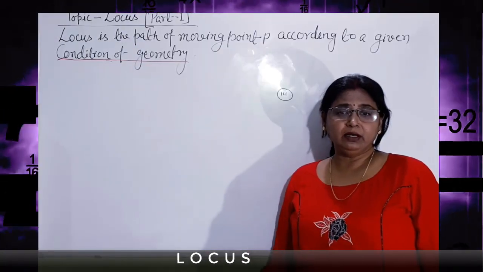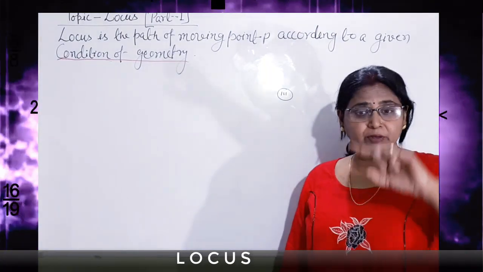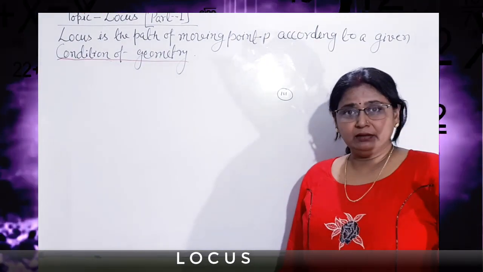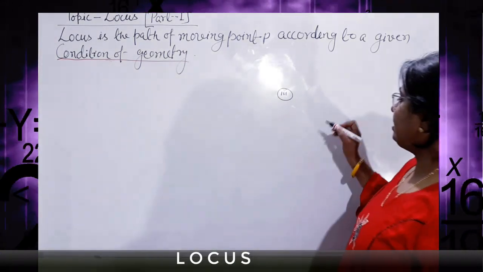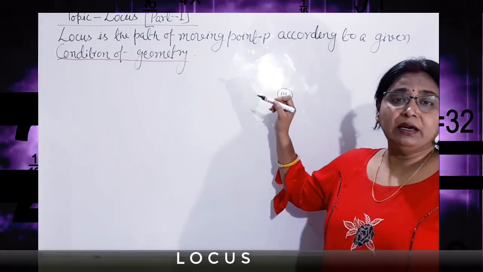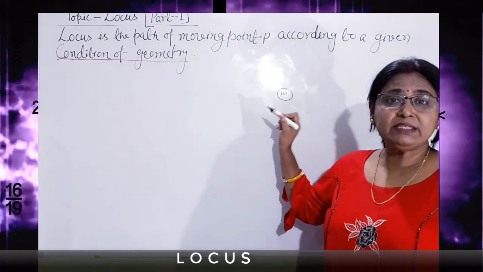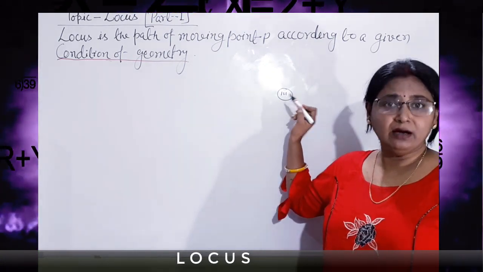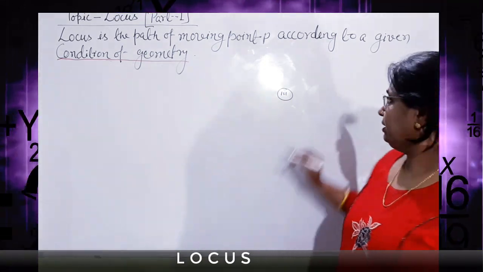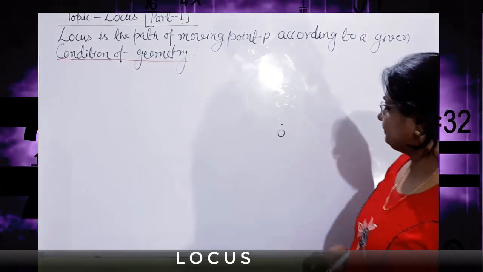The third example I am explaining is of a circle. The locus of a point P moving in a plane such that each and every point of P is equidistant from a fixed point O, with center O and radius R. That is the complete definition of a circle also. Suppose O is fixed.